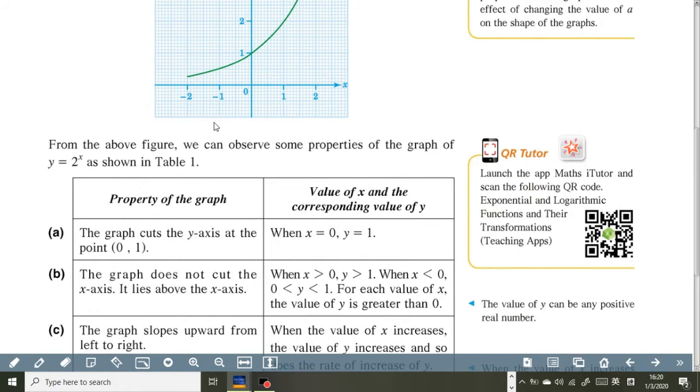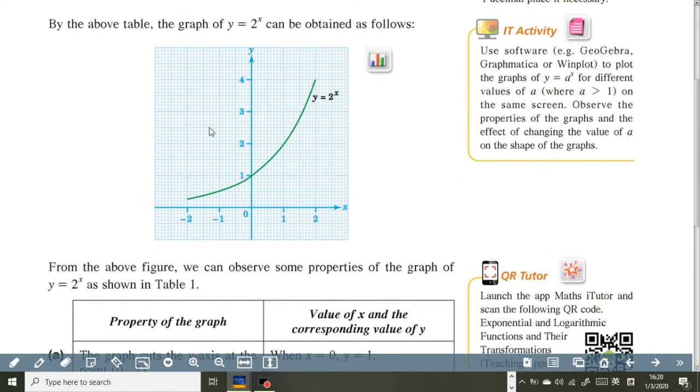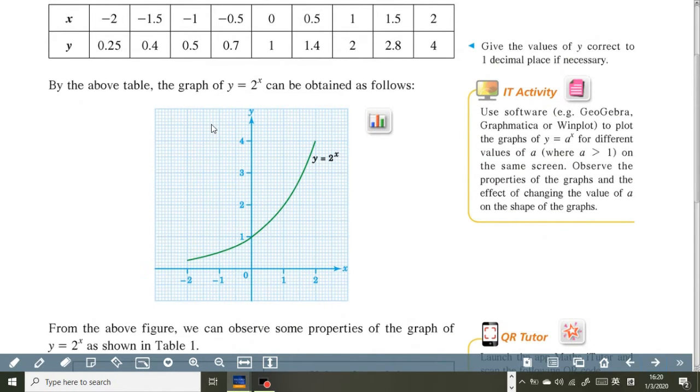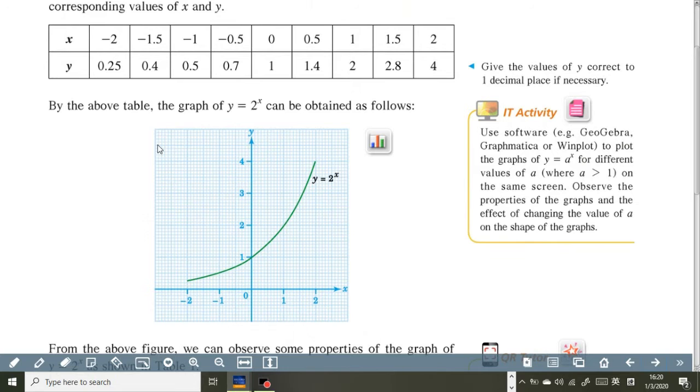After you get this, you will plot the points on graph paper to find the graph of the exponential function. That means when x is equal to negative 2 here, the corresponding y value is equal to 0.25.